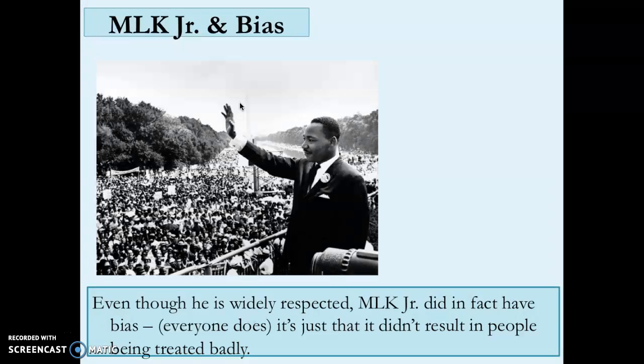His bias in this case was that he wanted equal rights for all people, regardless of race. We don't tend to think of that as negative, whereas a lot of times when you think of the term bias, you might think of it more negatively. But it's important to note that we all have bias, and it's influenced by our perspectives and our experiences.